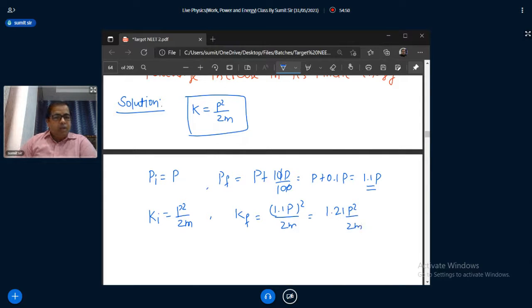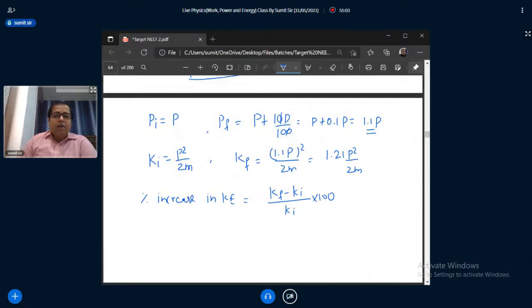So what is the percentage increase? Percentage increase in kinetic energy is equal to K final minus K initial by K initial into 100. In any quantity you can find percentage increase just like that. So you have 1.21 P square by 2M minus P square by 2M, divided by P square by 2M, into 100.